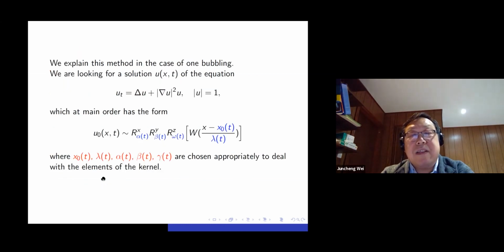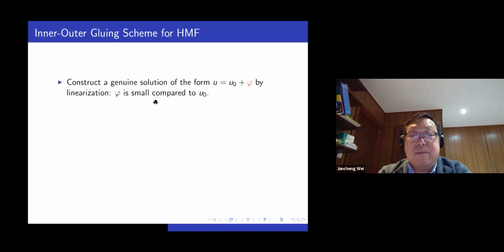Let me explain the main idea and the main difficulty. This is our harmonic map equation, and we are looking for a solution like this: a degree 1 harmonic map with 6 parameters. The idea is very simple.